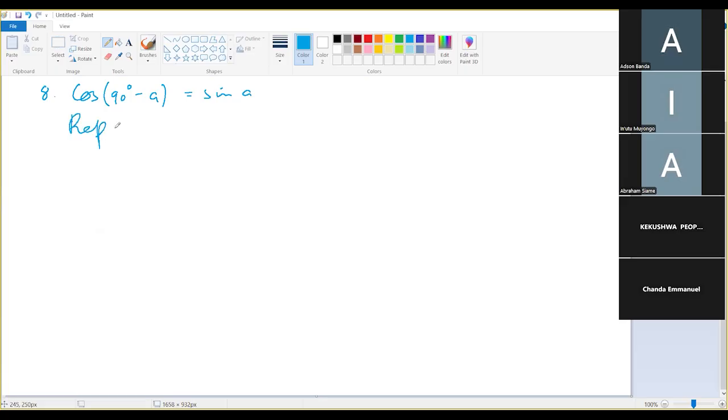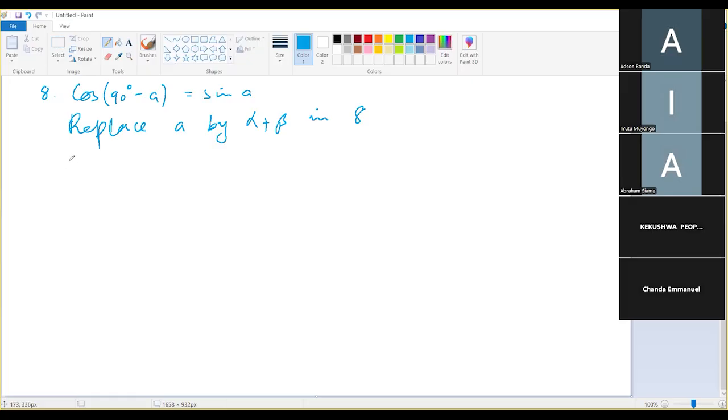So replace A by alpha plus beta in 8. So we replace A by alpha plus beta in 8. So I'll rewrite it in this way.